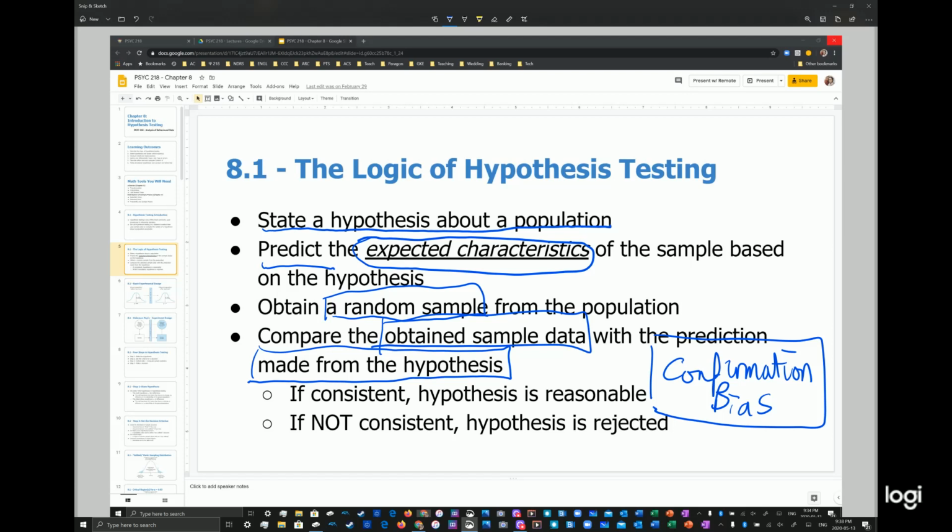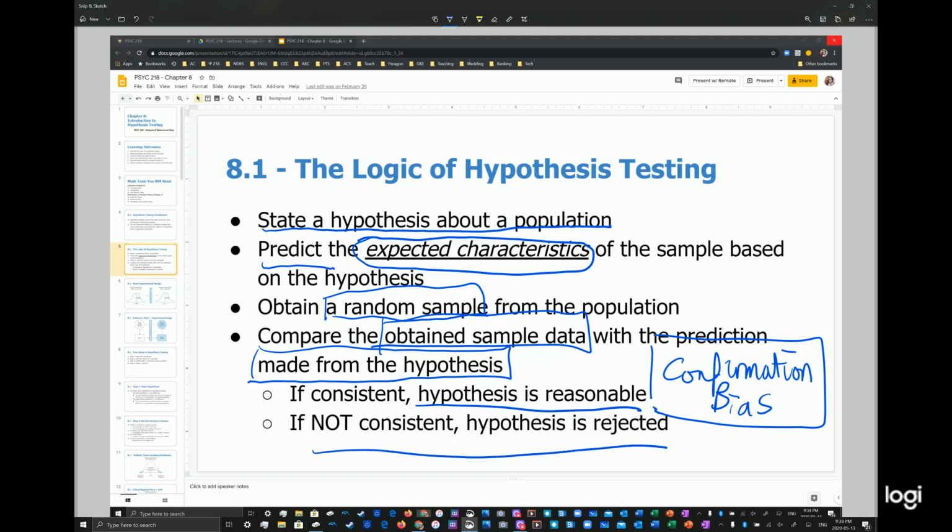An example of this would be in most courts of law, not all courts of law as it should be, that you're innocent until proven guilty. That means no matter how serious the crime is, we start with the assumption that the person is innocent, and we let the evidence speak for itself, proving that person is guilty beyond any reasonable doubt. That kind of process applies to hypothesis testing.